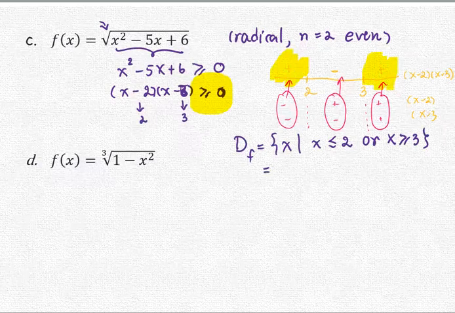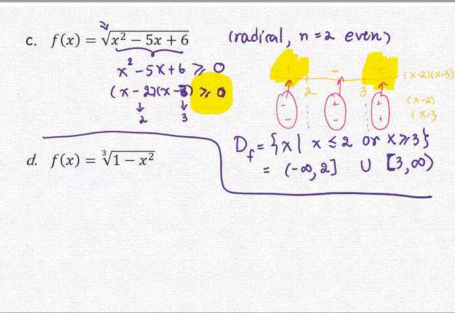Or in the interval form would be from negative infinity to positive 2, including, union 3, including 3, all the way to positive infinity.